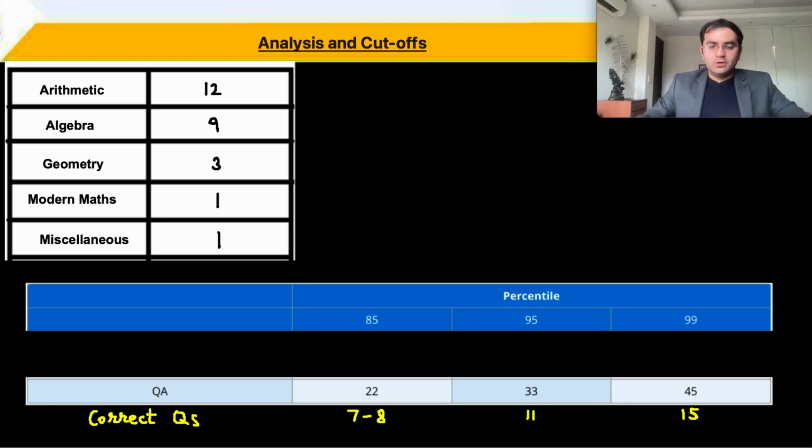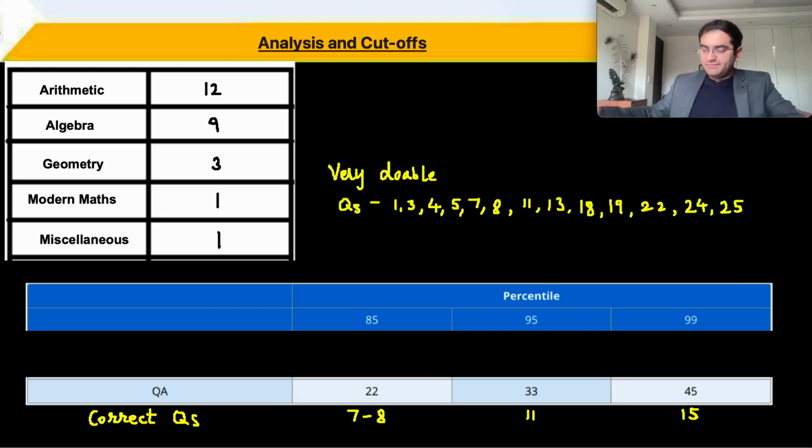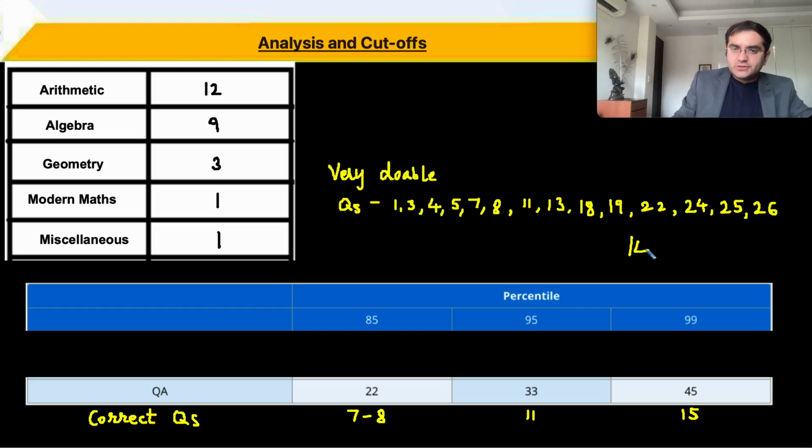If we put all this together, I have put down the list of all the doable questions. So 3, 6, 9, 12, 13 questions, and I'll also add question number 26 here. This is a total list of 14 questions that were very doable.